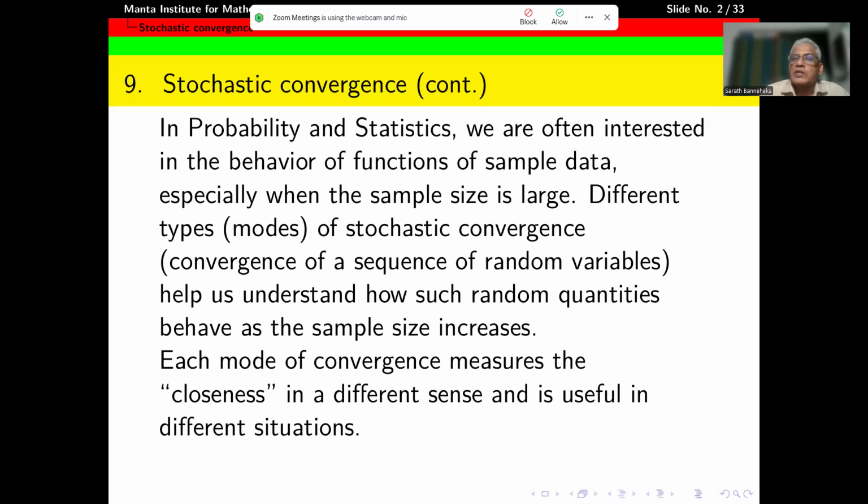We usually look at different types of behaviors, different types of closeness between the random variables and what it is converging to, and so on. So, different modes of stochastic convergence, or convergence of a sequence of random variables, help us understand how such random quantities behave as the sample size increases.